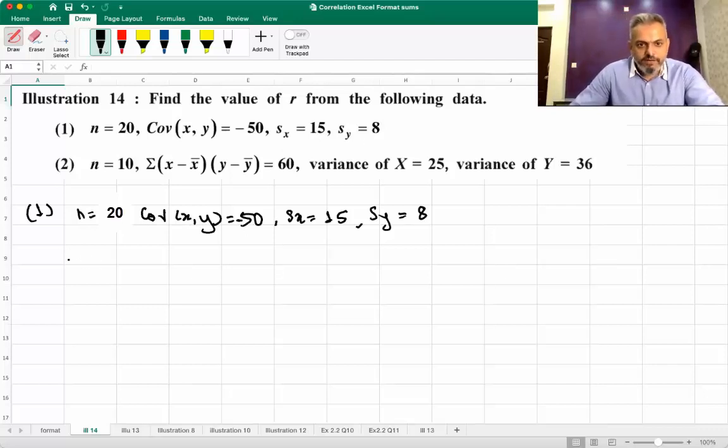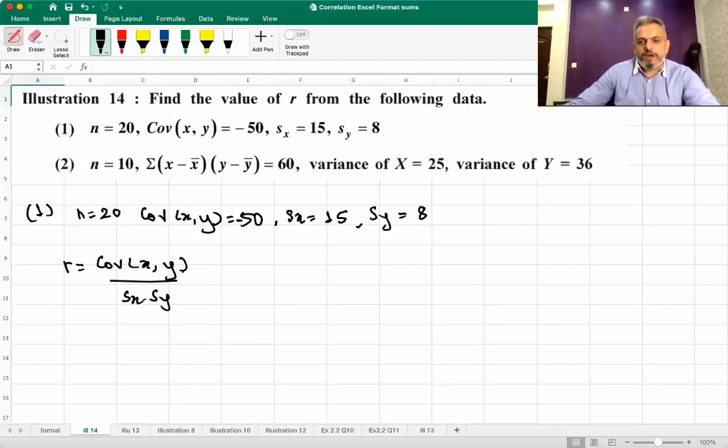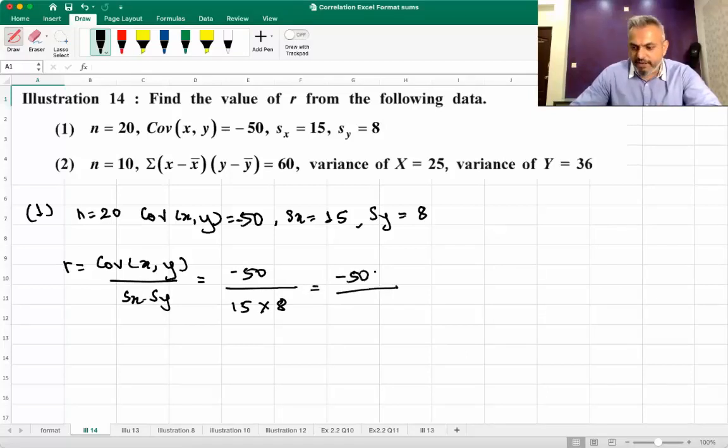So let's solve this. R is equal to covariance x comma y upon standard deviation of x into standard deviation of y, is equal to minus 50 upon 15 into 8, which is minus 50 upon 120, which is equal to minus 0.416666, so 0.42.